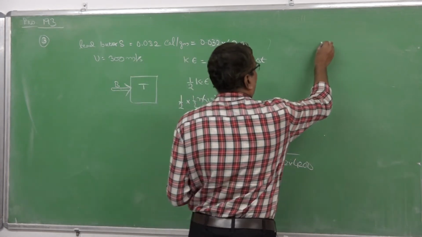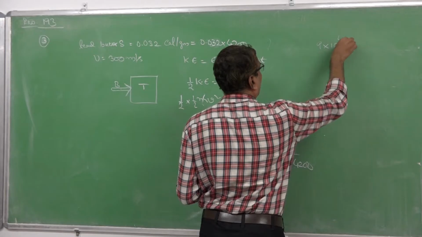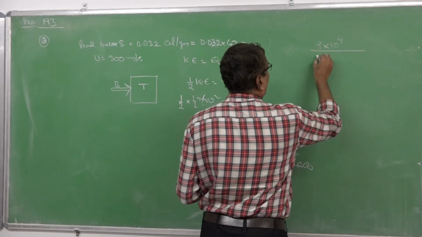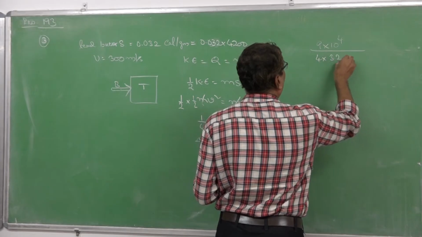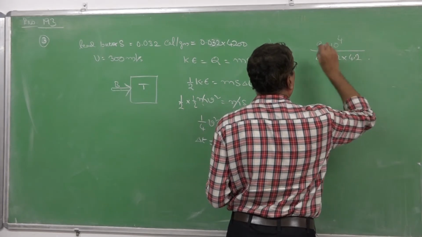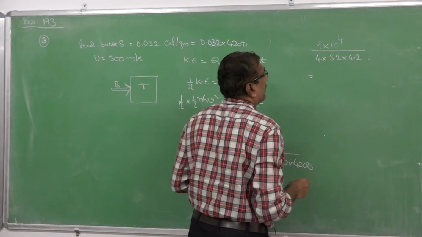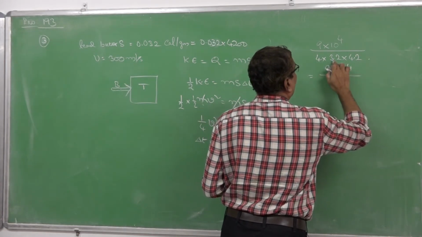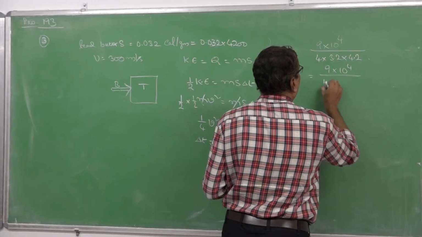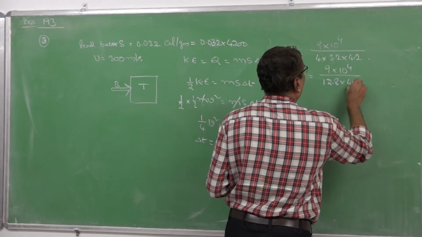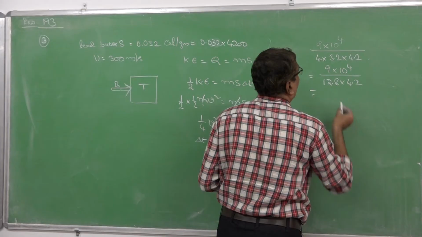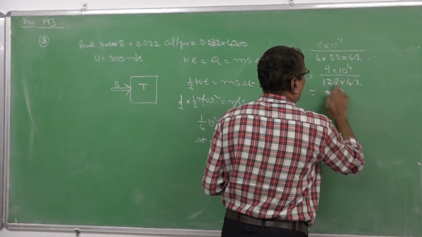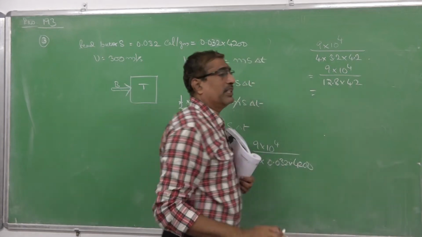That is 9 into 10 to the power 4 by 4 into 3.2 into 4.2, approximately 12.8 into 4.2. 12 into 4 is 48, so approximately 50.